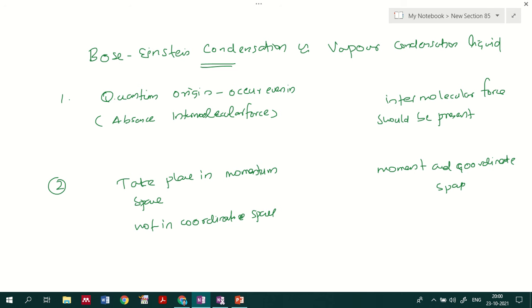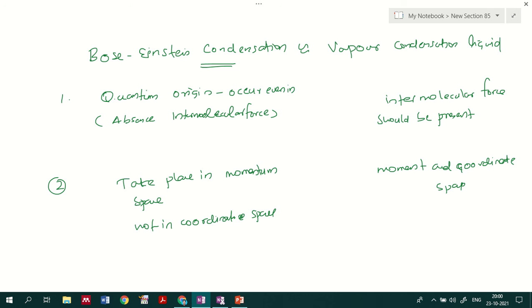Similarly, you can also bring the system into the ground state level where all the particles are occupied. So at lower temperature you can actually study the particle. It is a form of condensation of a molecule at the ground level.